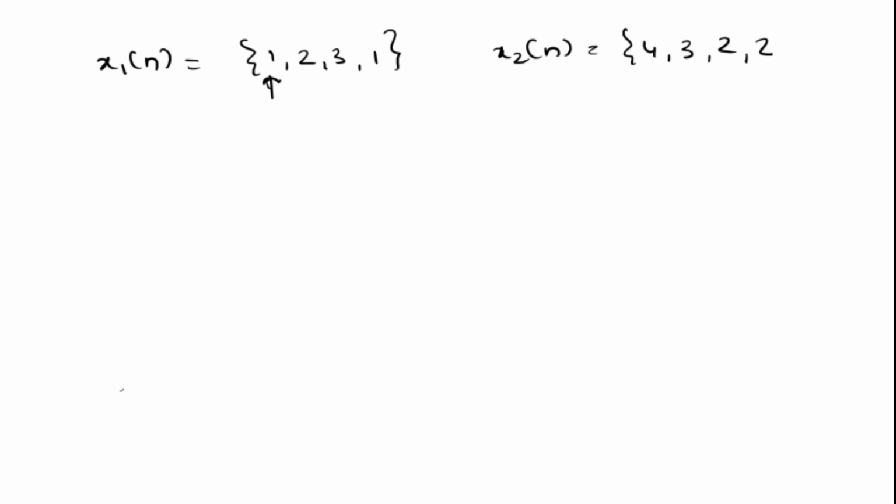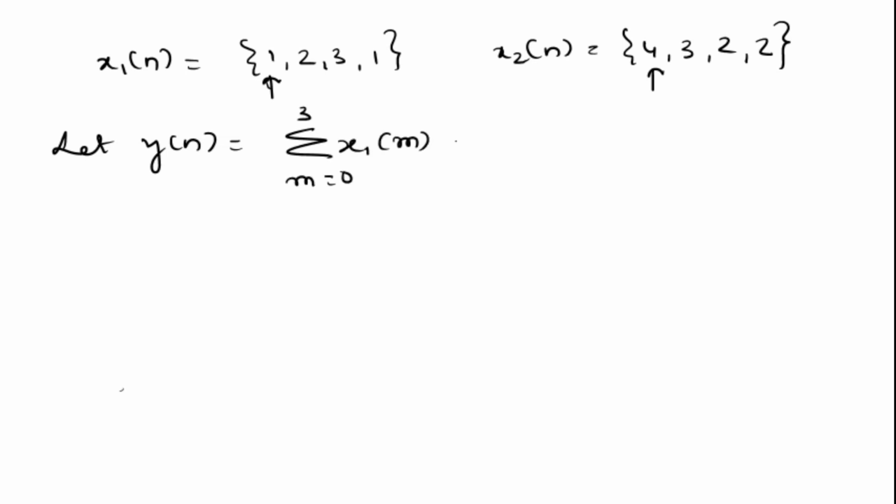Next problem. Find the circular convolution of the sequence x1 of n is equal to 1, 2, 3, 1 and x2 of n is equal to 4, 3, 2, 2 using matrix method. Let y of n is equal to summation m is equal to 0 to 3 x1 of m into x2 of n minus m of 4, where n varies between 0 to 3.